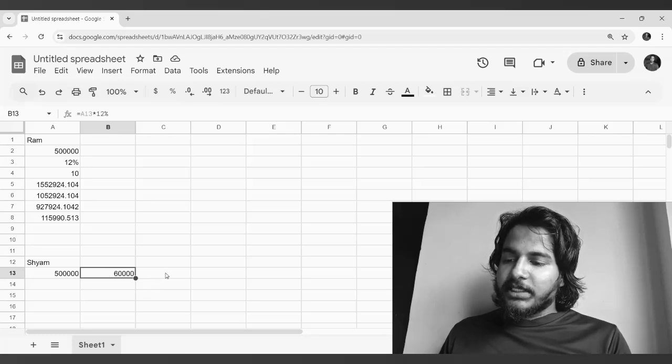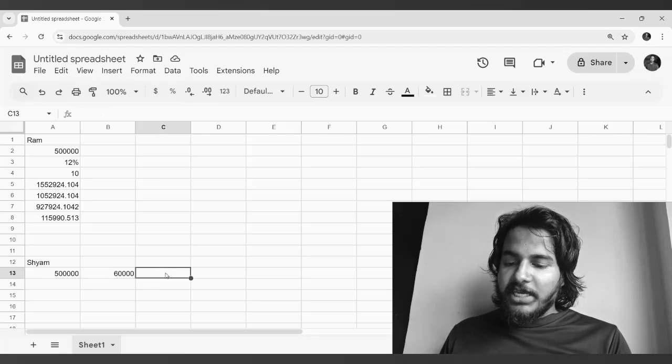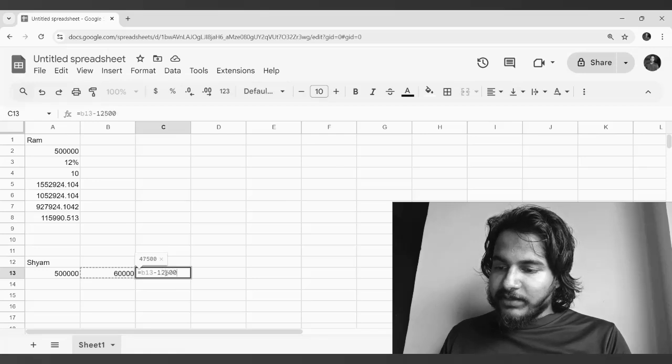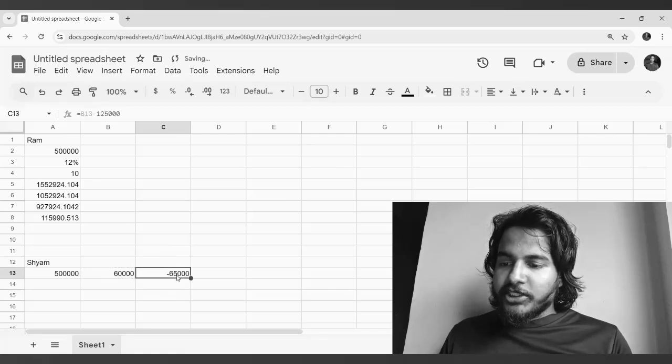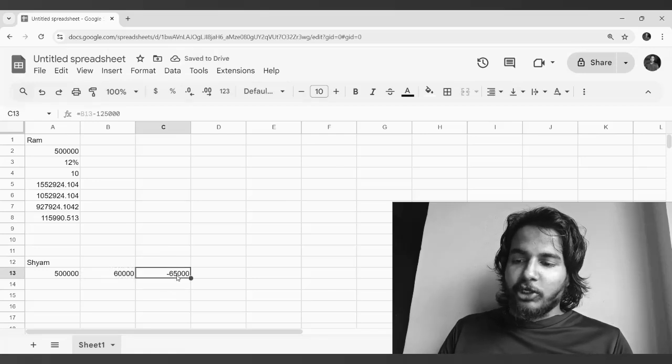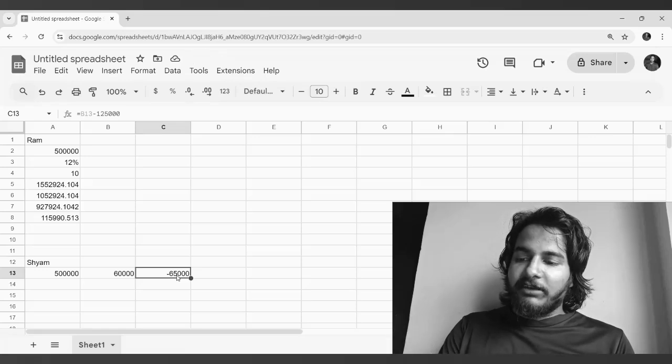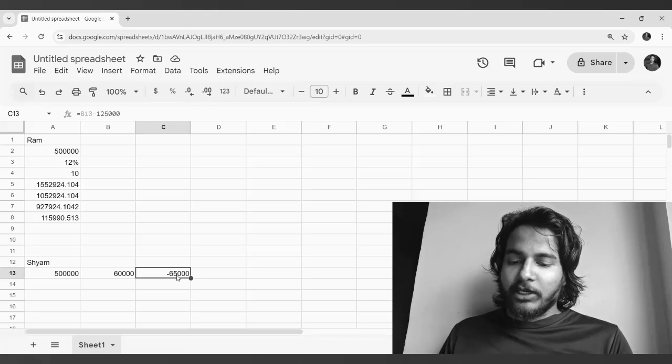So what tax does Shyam have to pay after 1 year? Equal to this B13 minus 1,25,000. Now see, because this value is negative, you can consider it as 0. That means there is no capital gains after the first year after tax exemption of 1,25,000, so no tax.